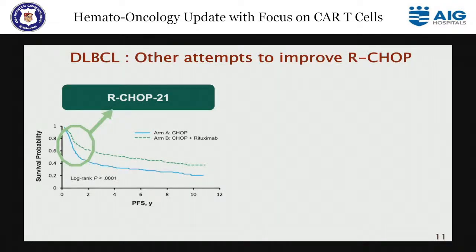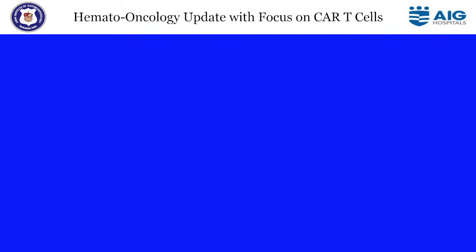Such patients, we expect them to do poorly. After R-CHOP 21, there has been nothing significant discovered for almost 2 decades.